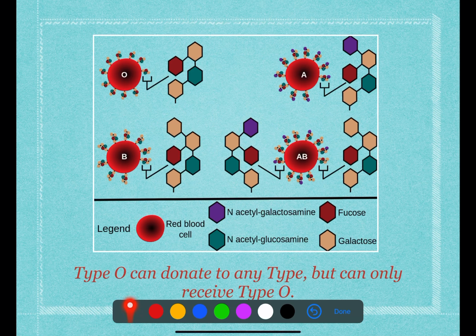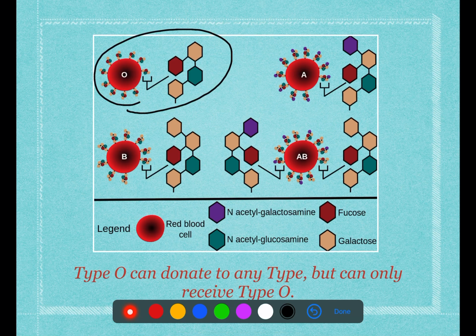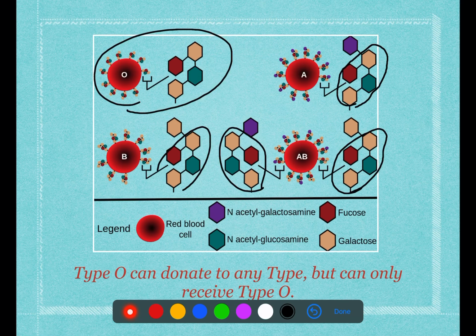So type O, which is this guy up here, is able to donate to a person with any blood type, because all blood types have that same pattern in the carbohydrates attached. So type O can donate to anybody. However, it's not reciprocated. No other blood type is able to donate to type O because all the other blood types have more carbohydrates attached than type O.